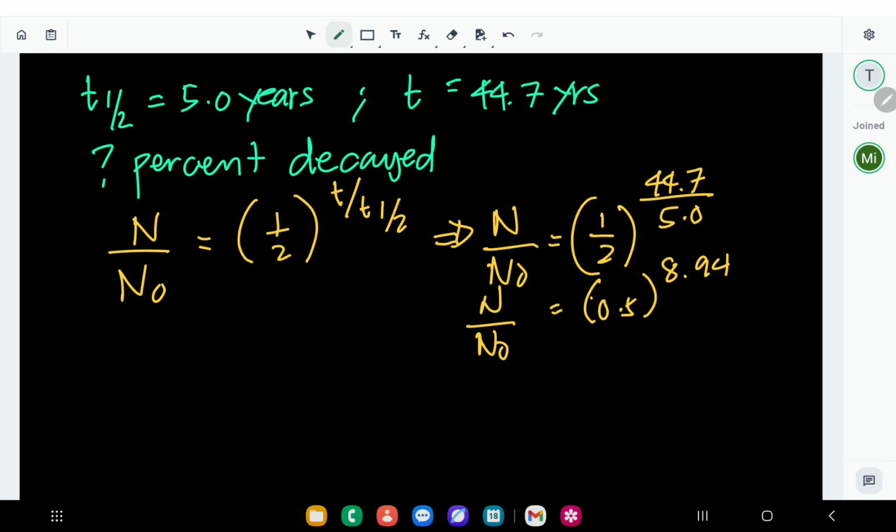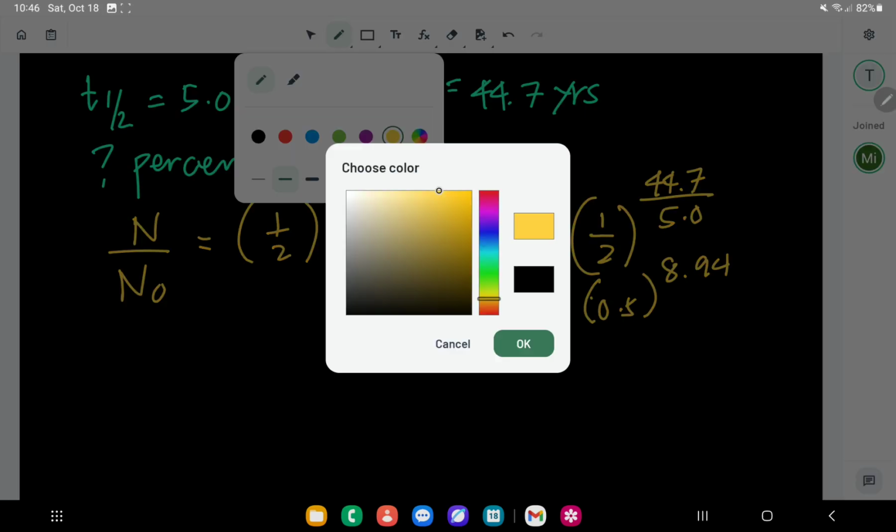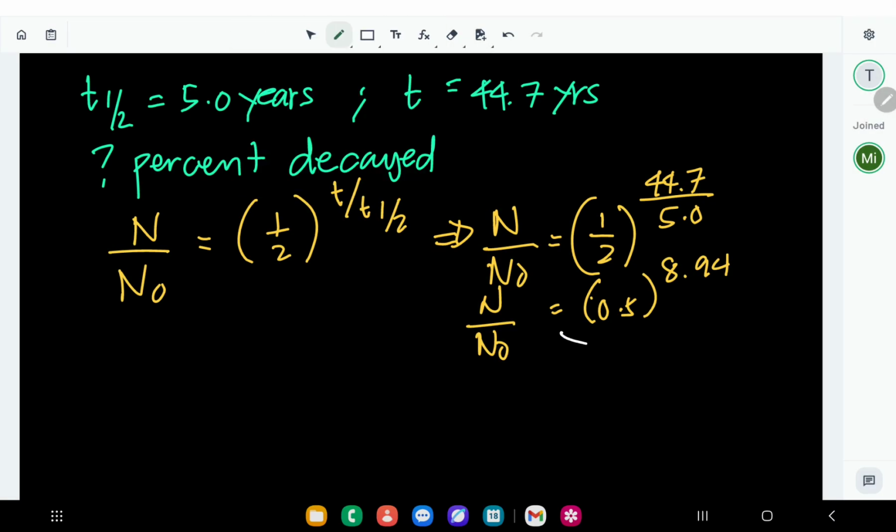N sub 0 is the initial mass, then N is the final mass, but we're not given those here. So we will not use that. We will only be interested in the percent decayed, so we compute this part only, the right side of the equation.